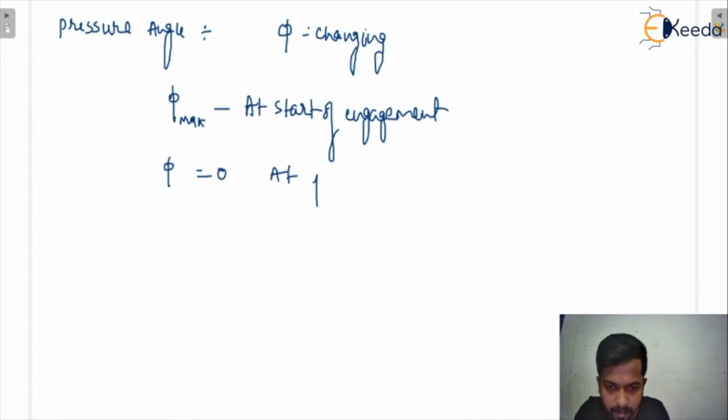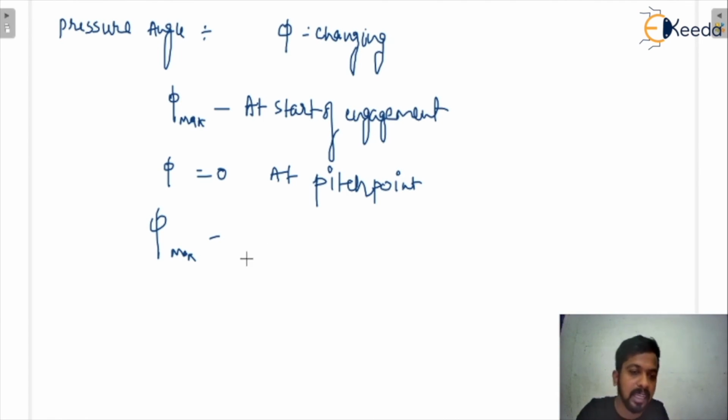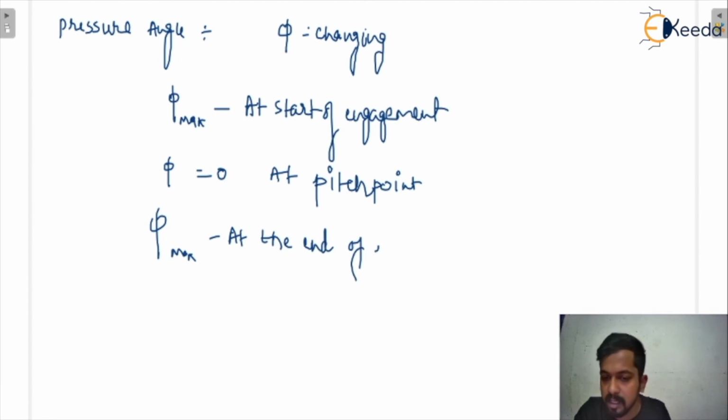And it will become maximum again at the end of the engagement. That means it will increase in the reverse direction again. So here you can see the variation of the pressure angle.